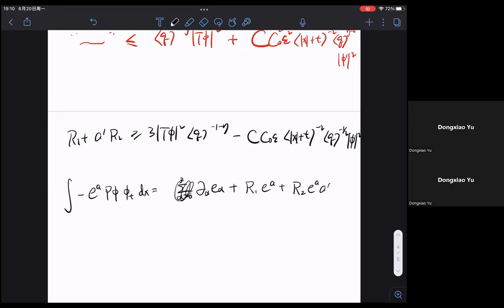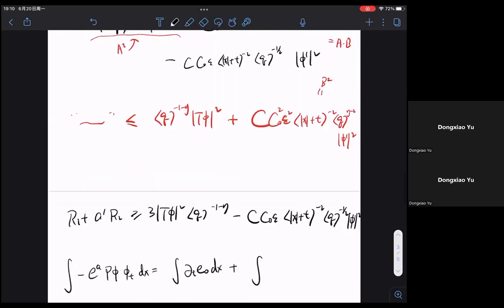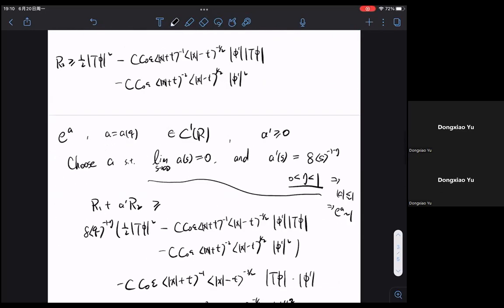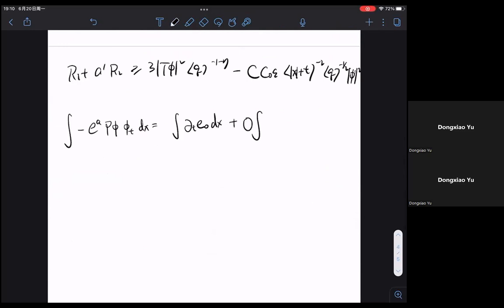So we have the integral of partial t E0 dx. And also for these things, we have the integral. So we have e to the 8th power, but e to the 8th power is equivalent to 1. So capital O. No, let me keep this e to the a's power times 3 t phi square.